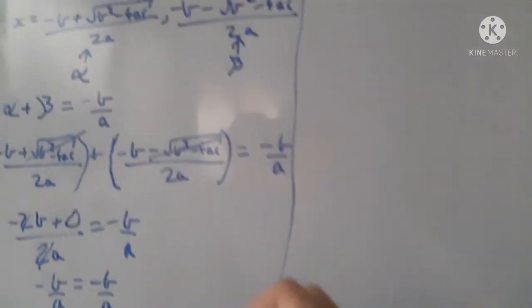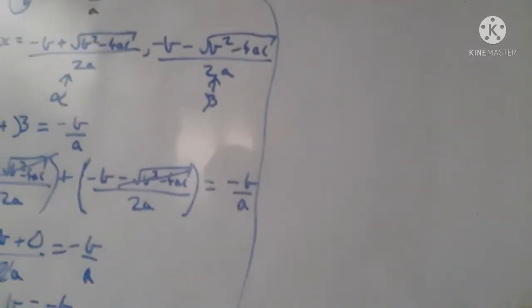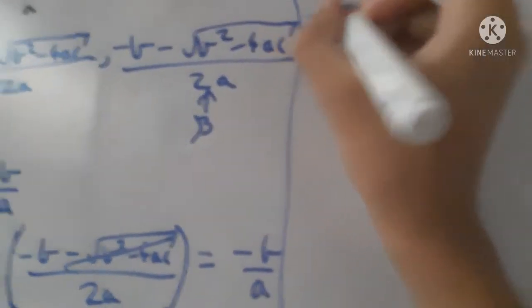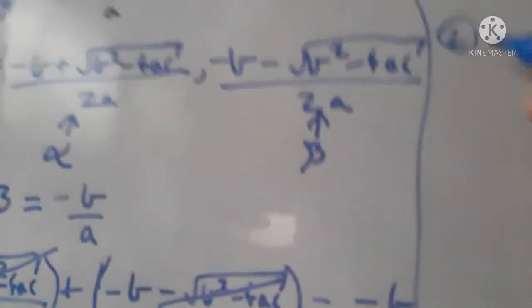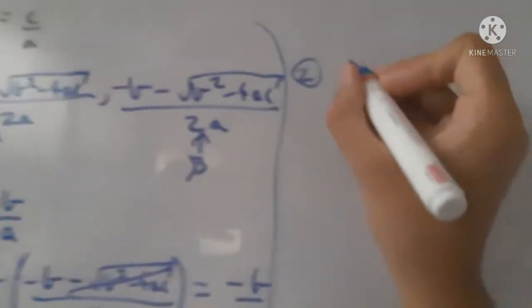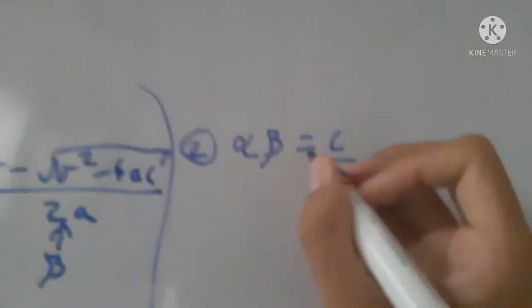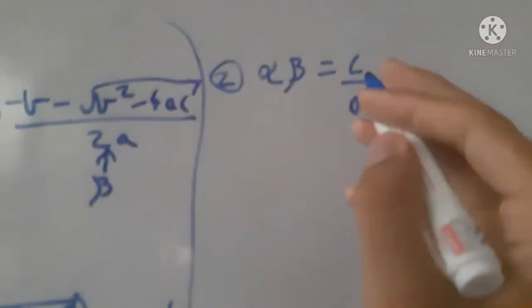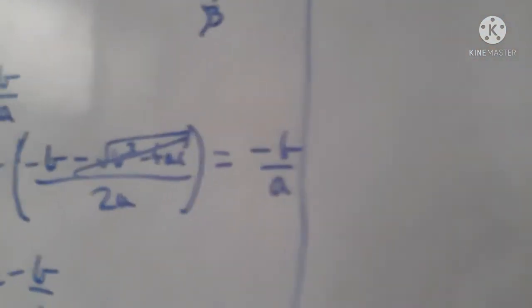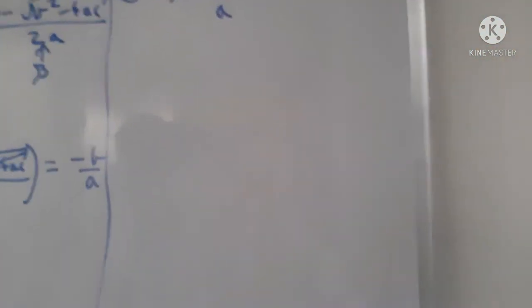Now moving on to proving the second part. We're still using the same quantities for alpha and beta because I'm too lazy to write them out again. The second part claims that alpha times beta is c upon a. The product of the two roots is c upon a.